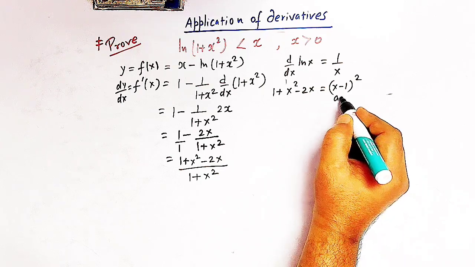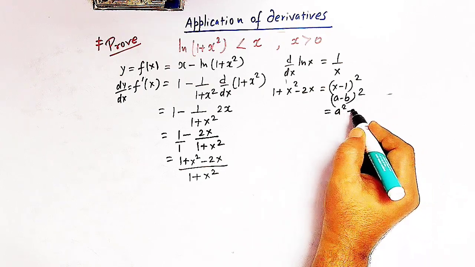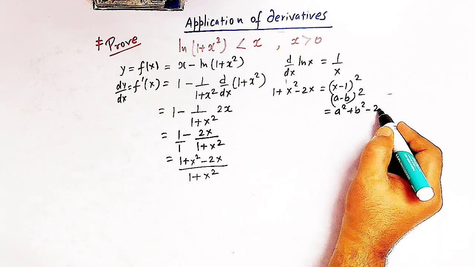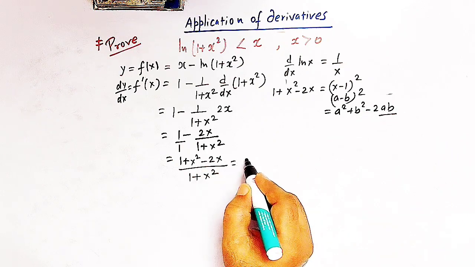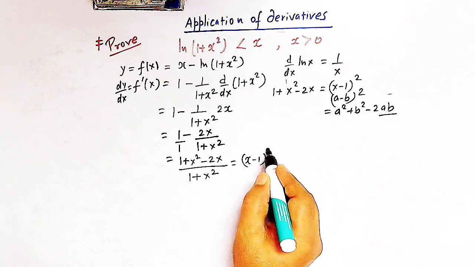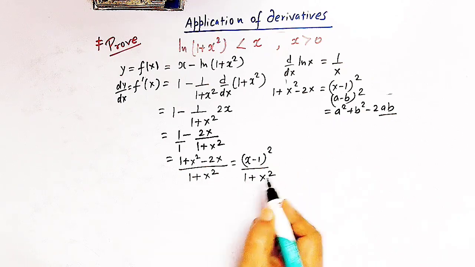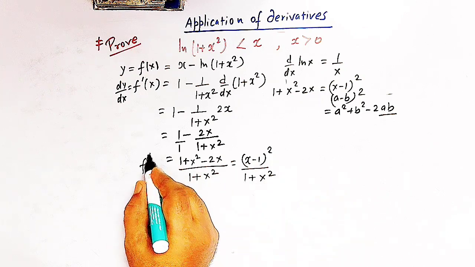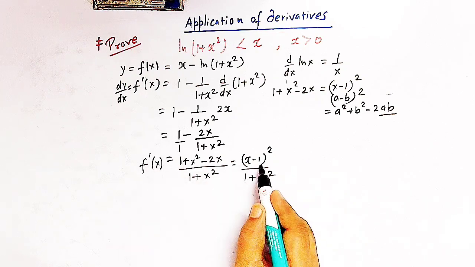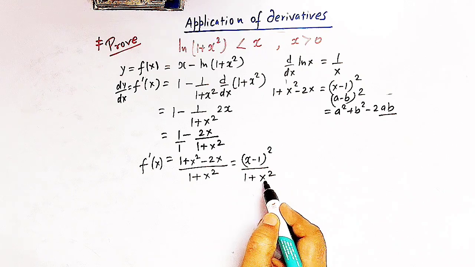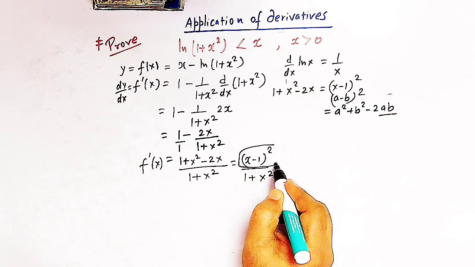So here we have a minus b whole square is a square plus b square minus 2ab, right? So we can see that our derivative f prime of x is x minus 1 square over 1 plus x square.